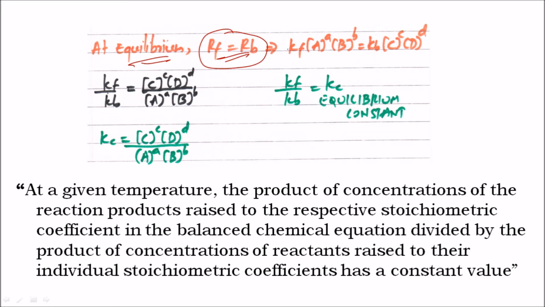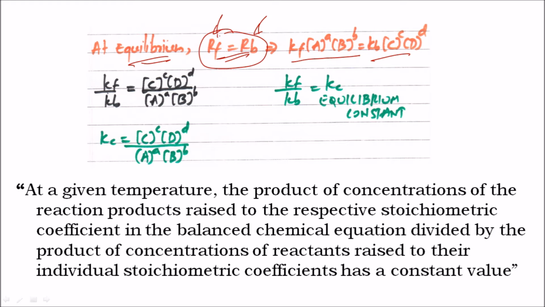We already have the Rf and Rb expressions. Rf is Kf [A]^a [B]^b, whereas Rb is Kb [C]^c [D]^d.